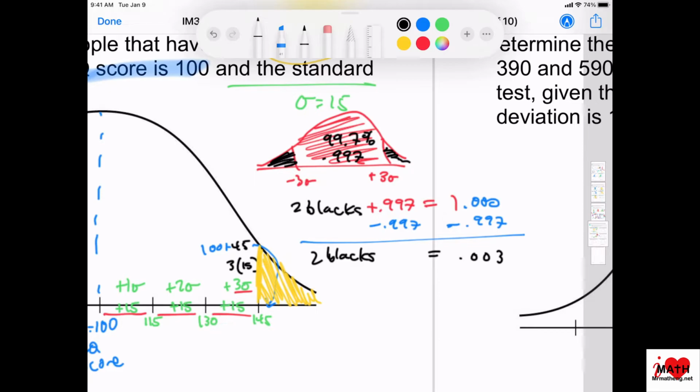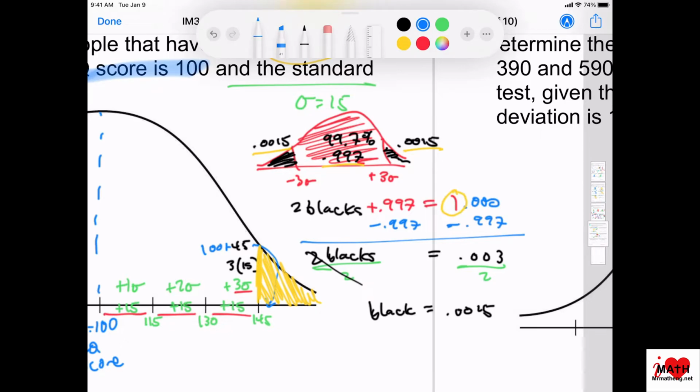And then if you divide by 2 here, you get each black region to equal 0.0015. Now they did want a percent, so let's do this first in decimals and percents. So 0.0015 is 1 black region. If you add up the numbers 0.0015, 0.997, and 0.0015, it'll equal 1.